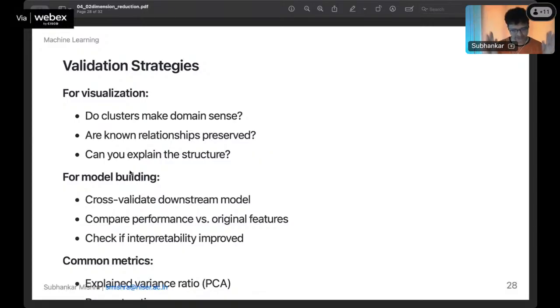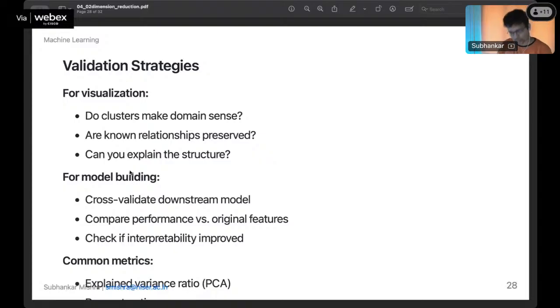So after reducing dimensions from 1000 to two dimensions, is our classifier model, which could be logistic regression, decision tree, or let's say SVM, able to classify correctly on those two dimensions? If we are doing well, then only has our dimension reduction worked properly. That's why it is called a downstream task or downstream model. The upstream task would be dimension reduction, and the downstream model will actually do the classification.